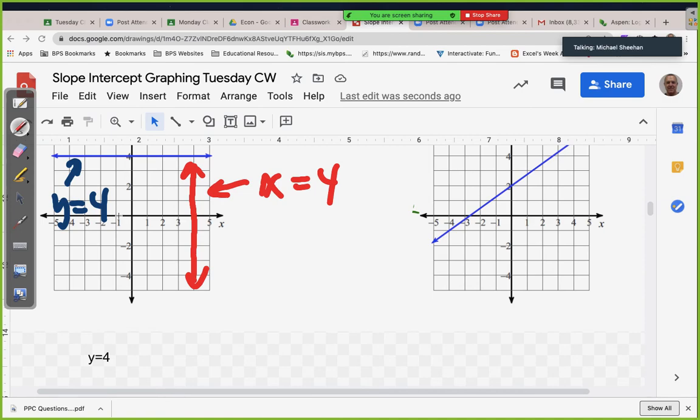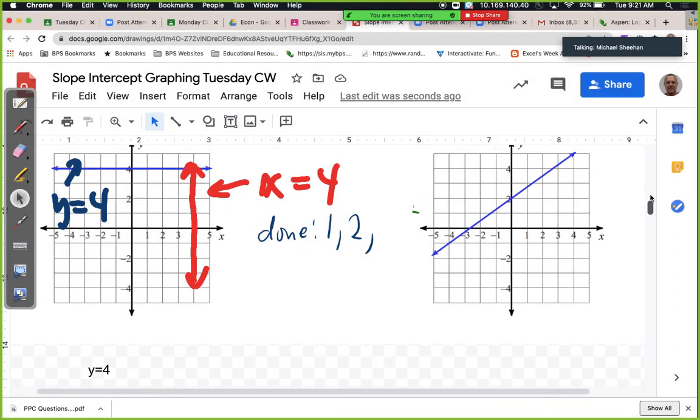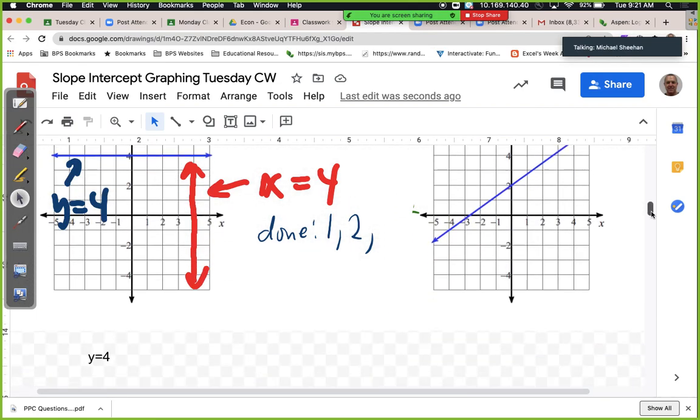All right, so what I want you to do right now, why don't you take 10 minutes and try, we did 1, 2, and this is number 7, right? No, this is number 5.